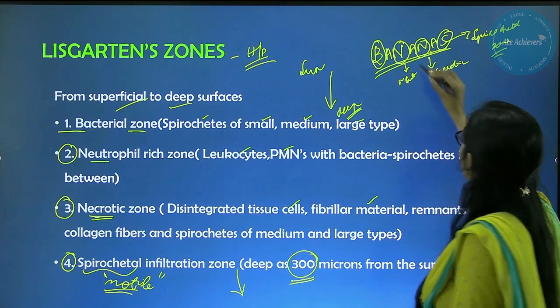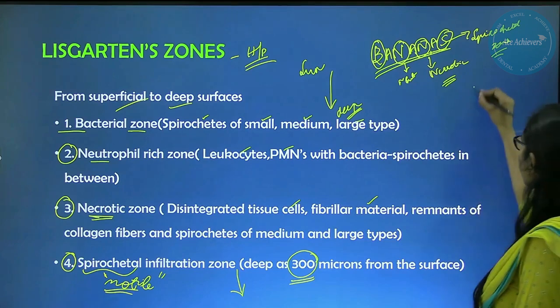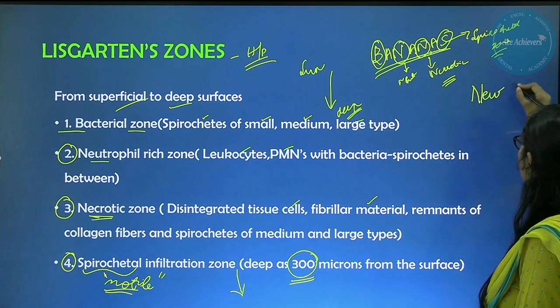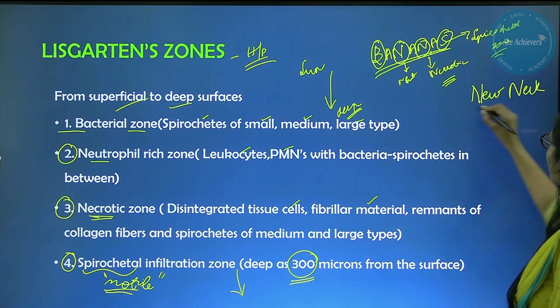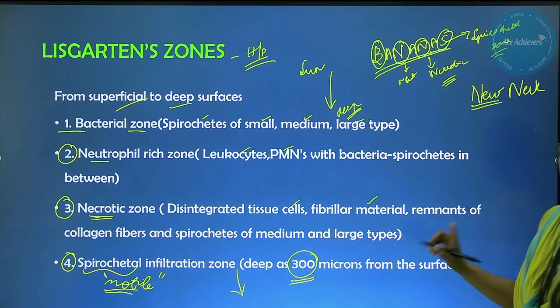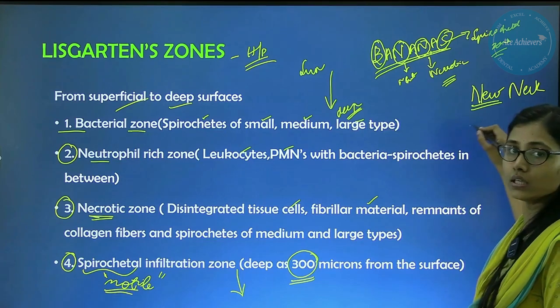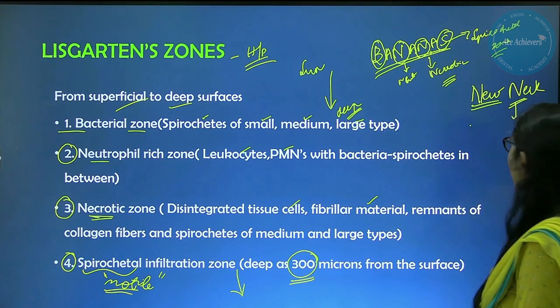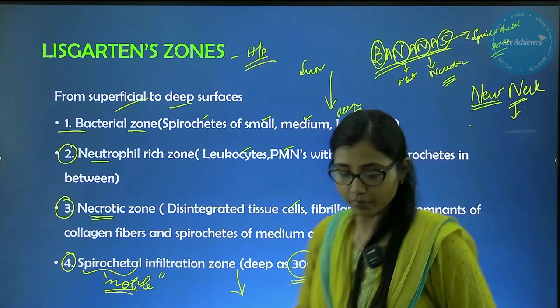So how are you going to differentiate between both the Ns? You can remember it like this: it's "new neck". New means neutrophil. The first is the neutrophil zone, and the next is the neck, which is the necrotic zone.